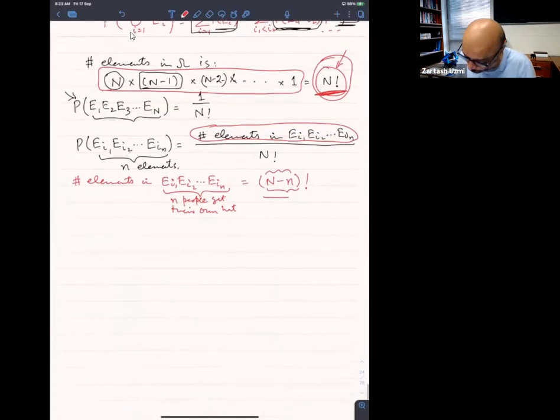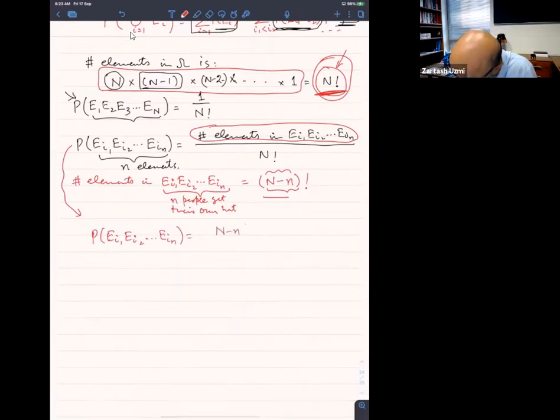Okay. So the probability of this event, EI1, EI2, dot, dot, dot, EIN is going to be equal to n minus n factorial divided by capital N factorial.